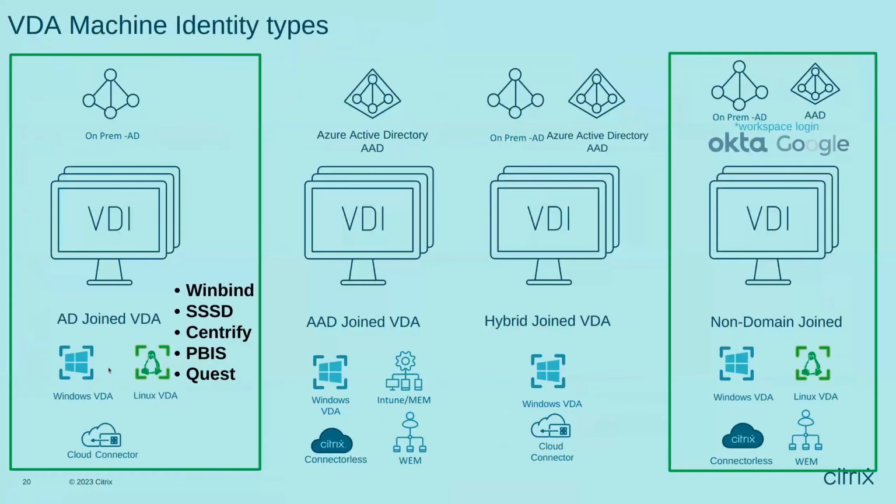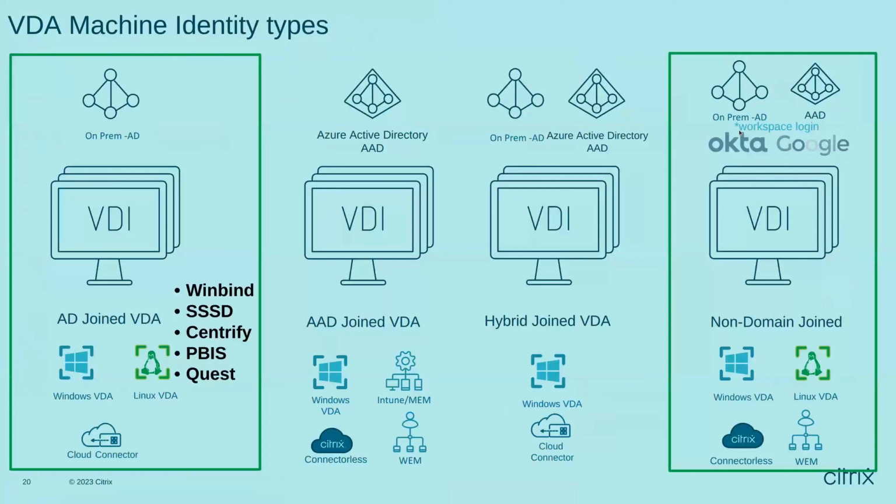Apparently some customers do not like joining AD because in the Linux world AD is kind of a stranger. So for non-domain join, we can have Linux VDA not joined to any domain, but managed by MCS creation. Here we list some identity platforms, meaning for workspace login.